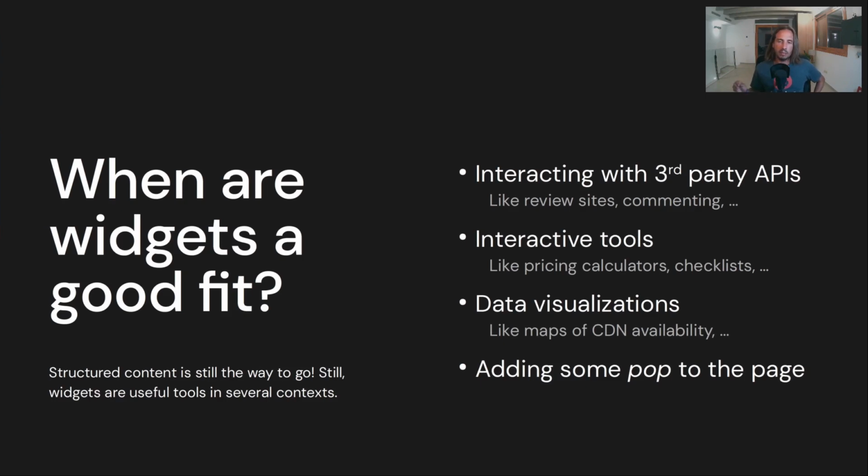Another one can be interactive tools like the pricing calculator that we just talked about, or the checklist of the things that you need to do when following along with a tutorial. Did you increase the size of the log bin, and did you also execute that command to restart the daemon, or whatever?